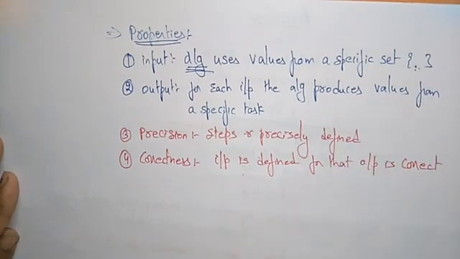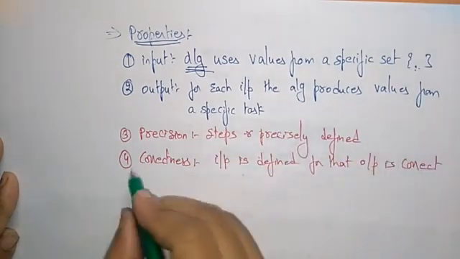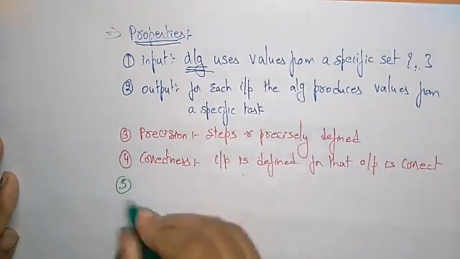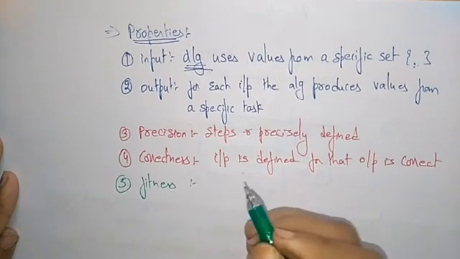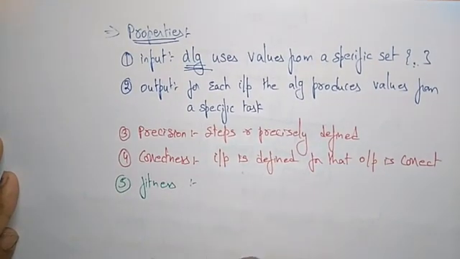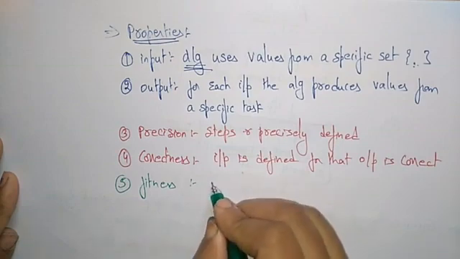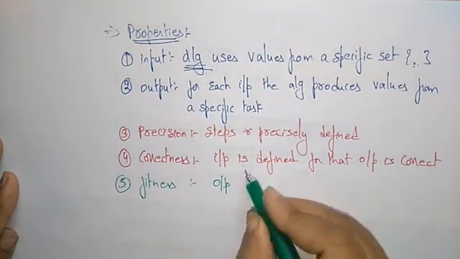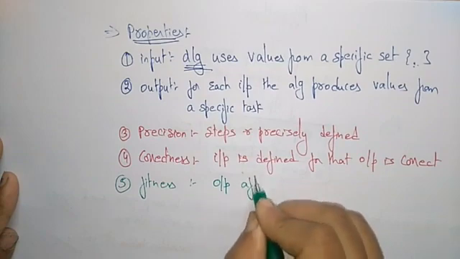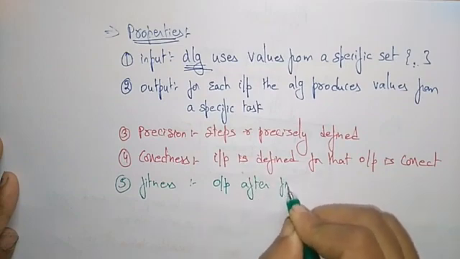Next coming to the fitness. So next, the fifth property is fitness. So fitness is nothing but here the algorithm produces the output after a finite number of steps for each input.